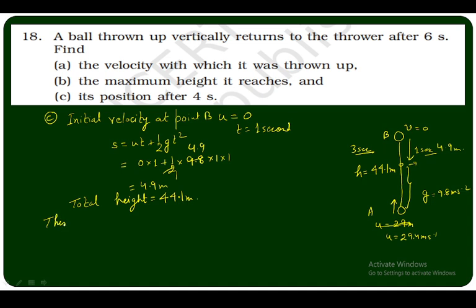This means the ball is at a height of total 44.1 meter minus this 4.9 meter.